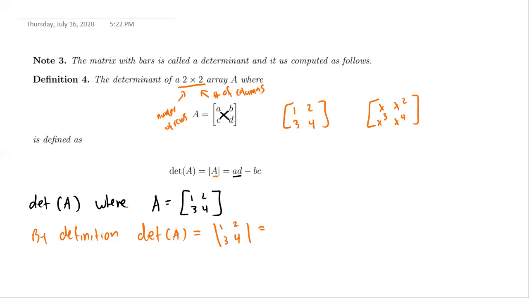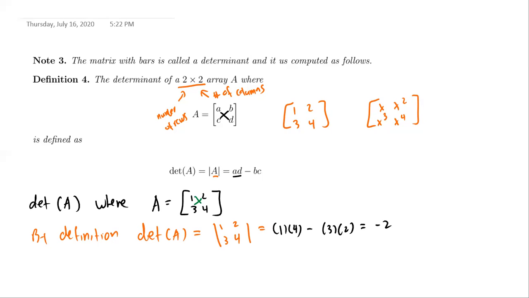How do you compute it? Take the product of the diagonals. In this case, multiply 1 times 4. And subtract the product of the other diagonal. So multiply 3 times 2, so minus 3 times 2, which is what? 1 times 4 is 4. 3 times 2 is 6. 4 minus 6 is negative 2.